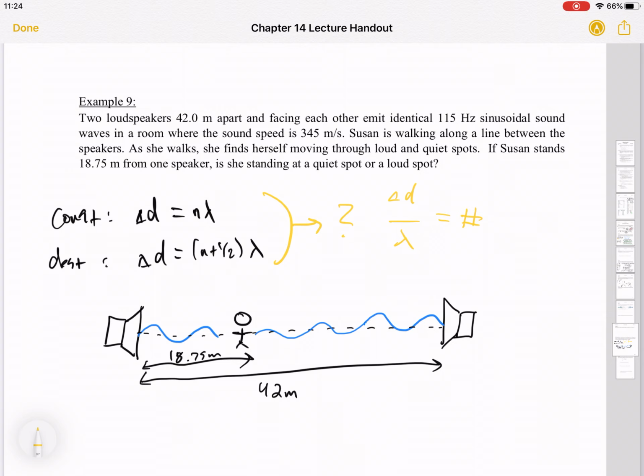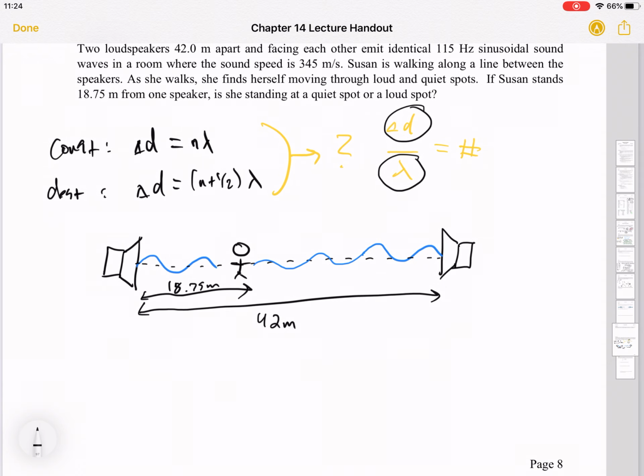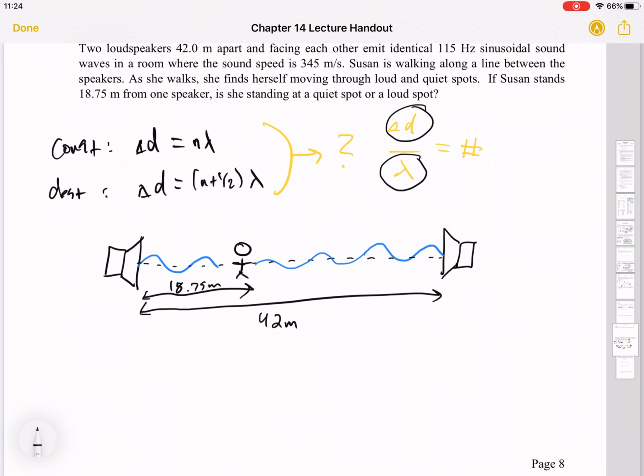If it's something else, like 3.76, this is not constructive or destructive. I might be able to say it's closer to one than the other, but 3.75 is actually exactly in between a whole and a half. So that's our procedure here: figure out the path length difference and lambda, and then take the ratio to see if we're in one of these two. Okay.